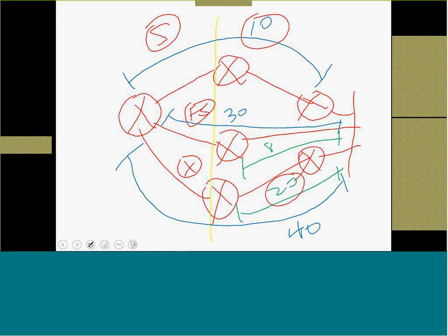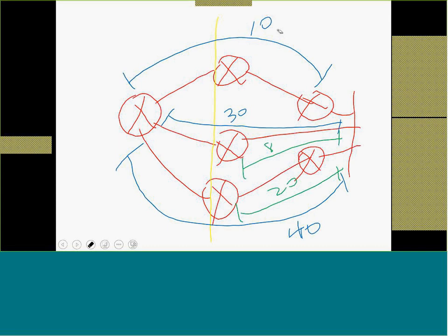But what happens, see if I can clean this up a little bit, what happens if I lose my successor path? This router goes down, gone, right? Which path becomes my successor? This path becomes my successor.